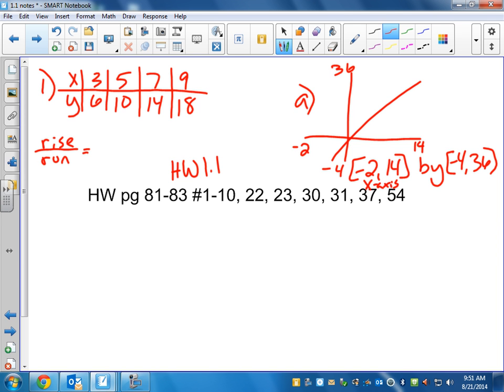So rise is the y's. So the difference between these, where this is going up by 4 as the x's are going up by 2, which means it has a slope of 2. Or you could do the good old-fashioned way where you just subtract y2 minus y1 over x2 minus x1.